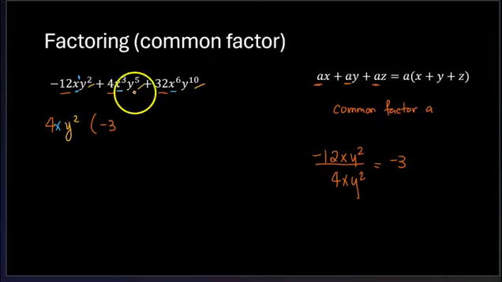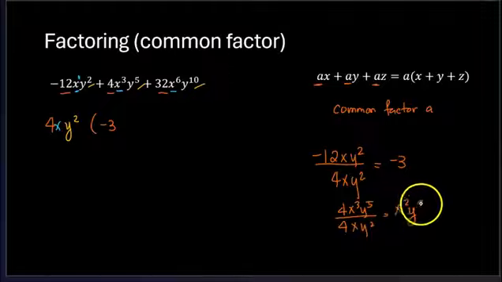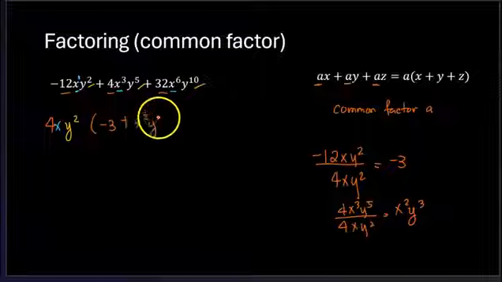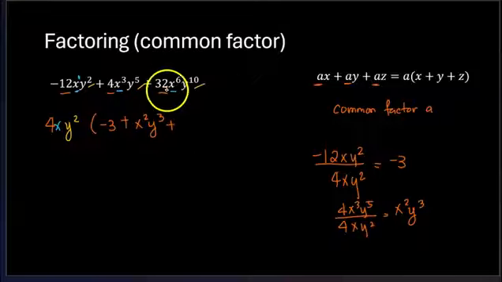Okay, now for the second term, 4x cubed y raised to 5 over 4xy squared. So 4 will cancel out. You'll have x squared. And then for y, you have y cubed. So there you go. Plus x squared y cubed. Okay, then 32. But you can also do division, no, mentally.